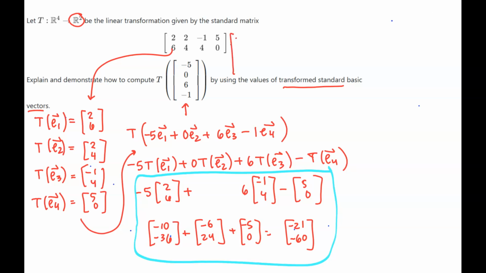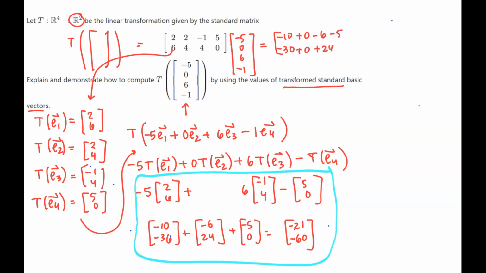So we could go ahead, -5, 0, 6, -1. That will give me this T of my input here, and that you can do in a calculator or you can just do in your head, right? So here I'll have -10 plus 0 minus 6 minus 5, and then the next row, -30 plus 0 plus 24.